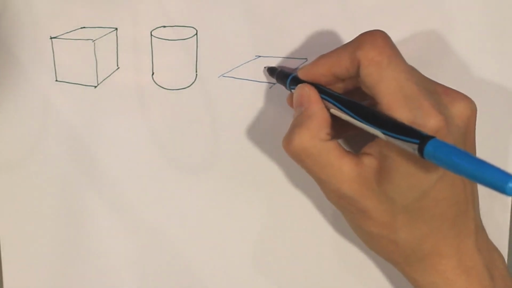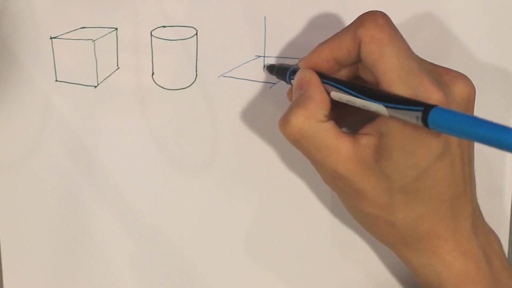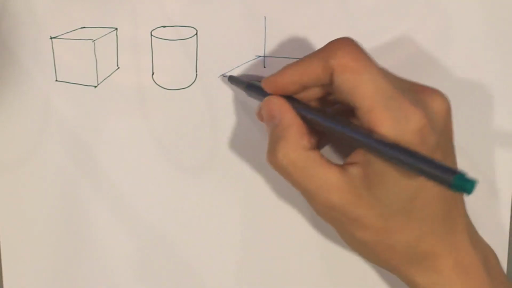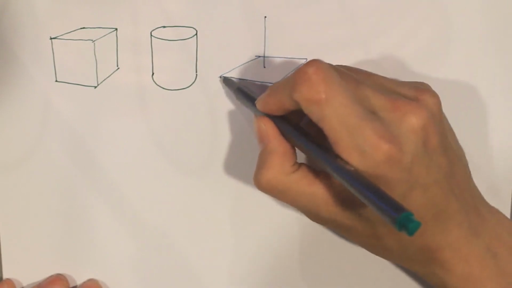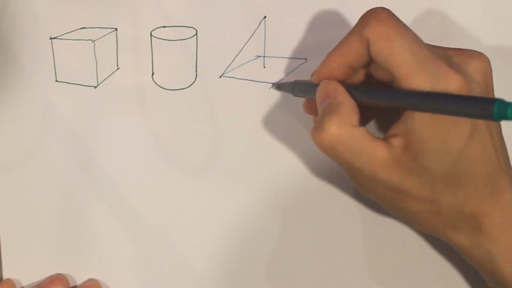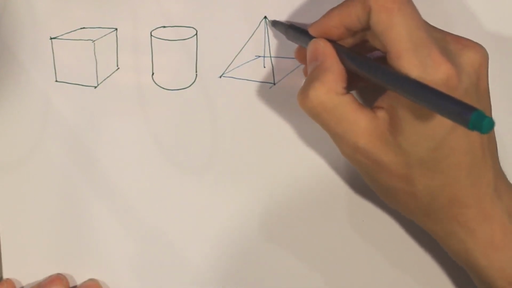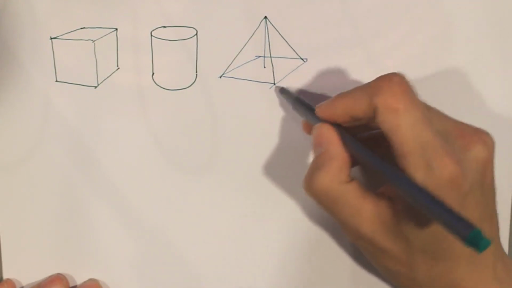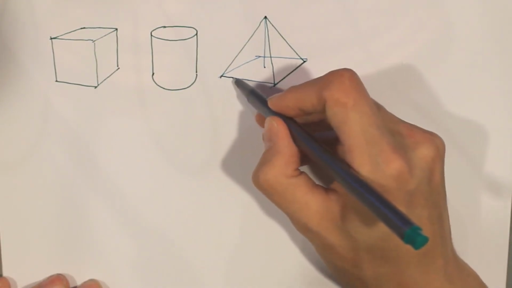And then at the center of that square, we're going to travel up vertically. And now each vertex is going to meet that top center point. Just up that line weight on the bottom one there.